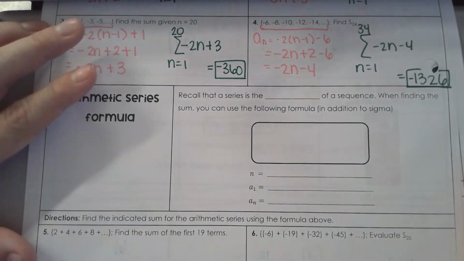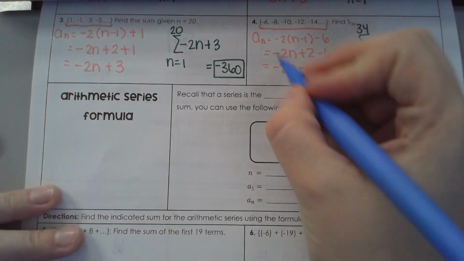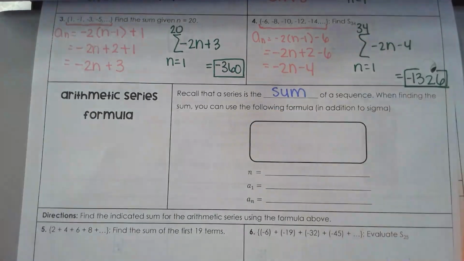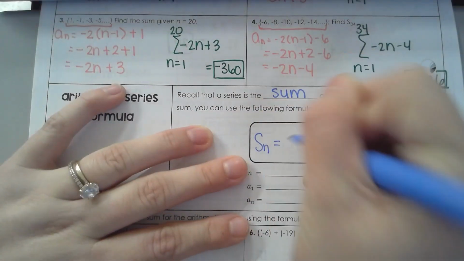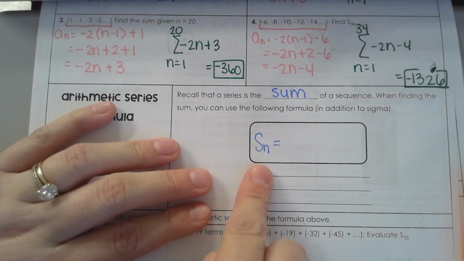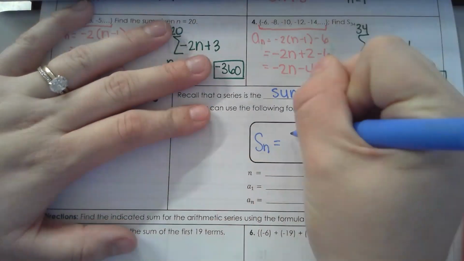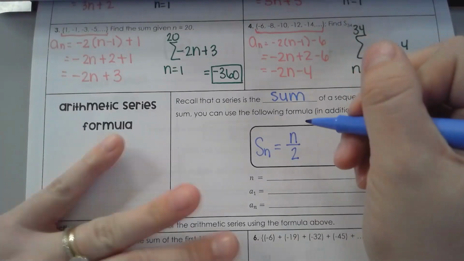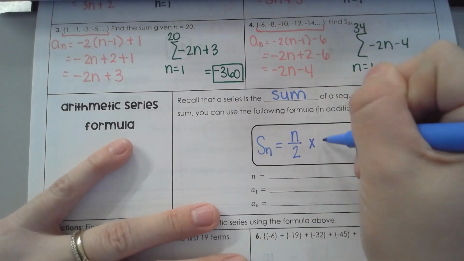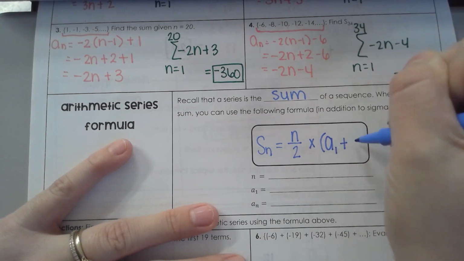And so that formula, and that series is the sum of the sequence. We've said that a million times. But this formula, Sn equals, so the sum of however many terms, it's n over 2 times, and then in parentheses, a1 plus an.